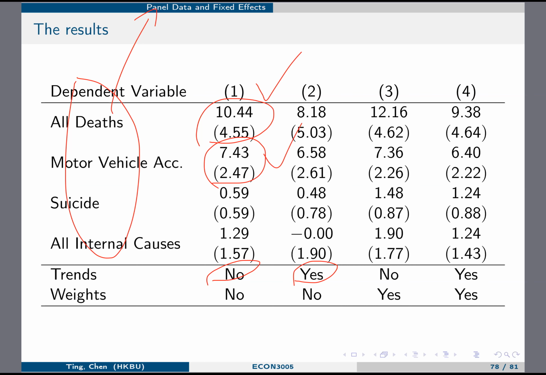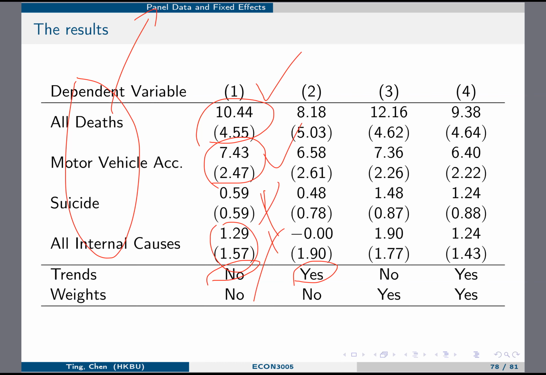This is the result, and the t statistic is 1, not significant. That is something that we expect, right? Because changing the legal drinking age should not affect the death rate by suicide. The same for the internal causes, like cancer or other diseases, also not significant. Okay.